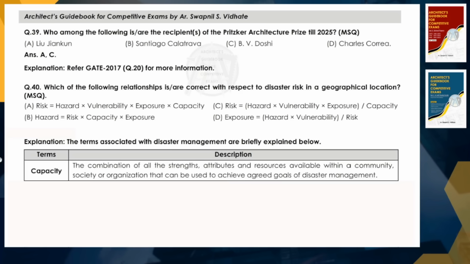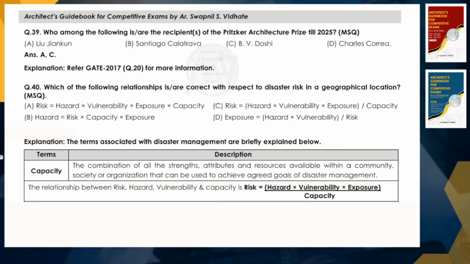Then the remaining term, capacity: the combination of all the strengths, attributes, and resources available within a community, society, or an organization that can be used to achieve agreed goals of disaster management is called capacity. Now, what can be the correct relation between risk, hazard, vulnerability, and capacity?